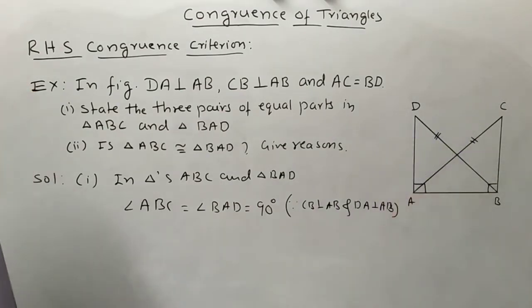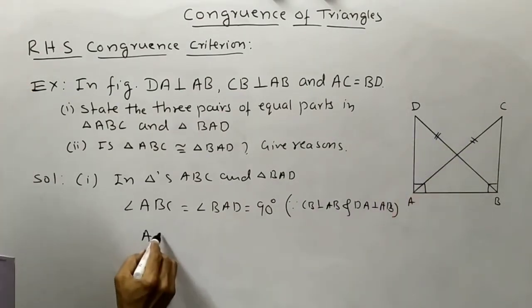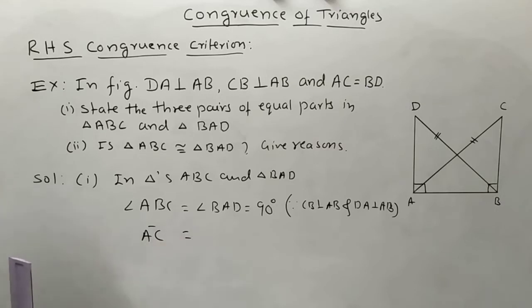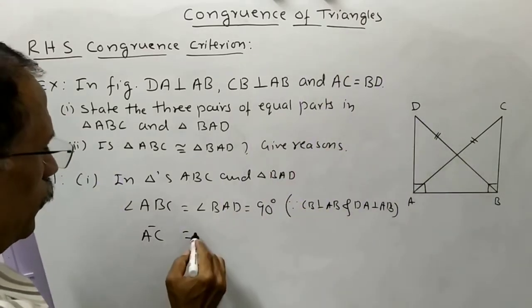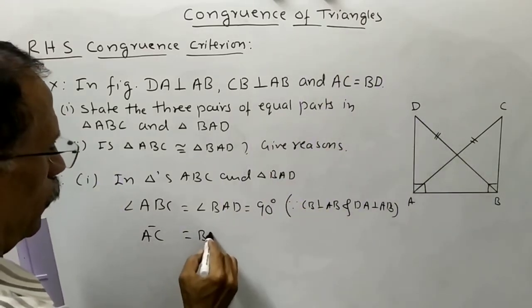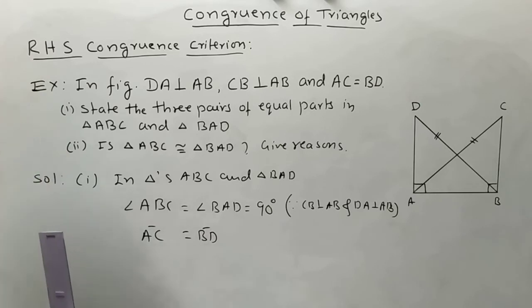Hypotenuse AC of triangle ABC is equal to hypotenuse BD of triangle BAD.